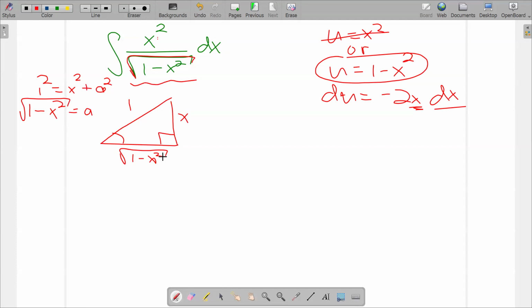So what? Well, anytime I have a right triangle, I can play with trig functions. Because of this triangle, I could say that the sine of theta, that angle there, is equal to x over 1, or just x. And the cosine of theta would be the adjacent side divided by 1, which is just the adjacent side in this case.